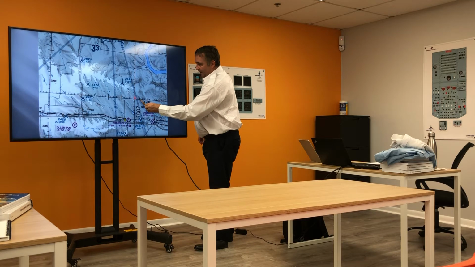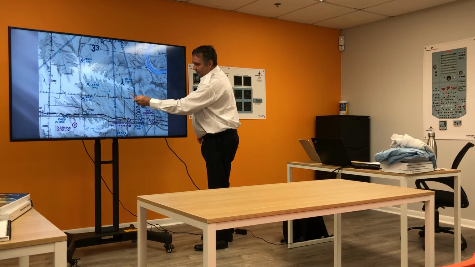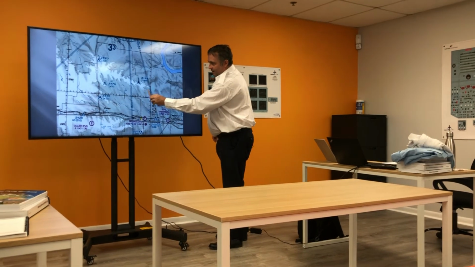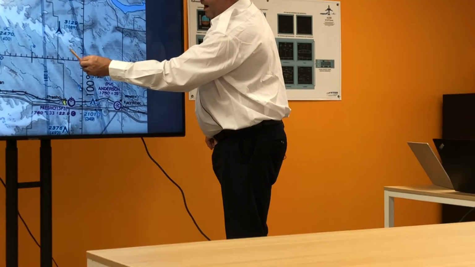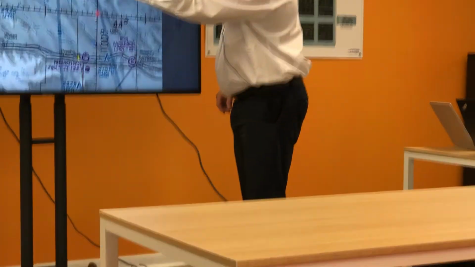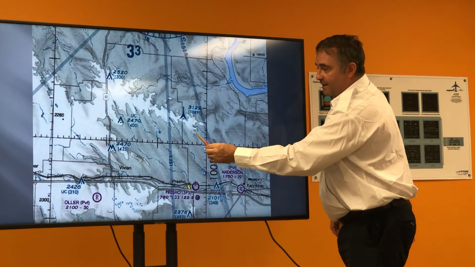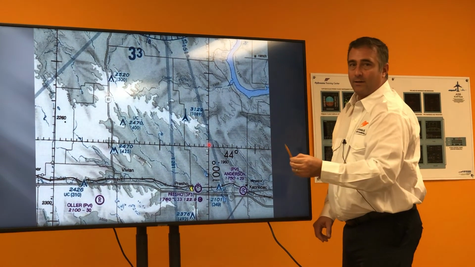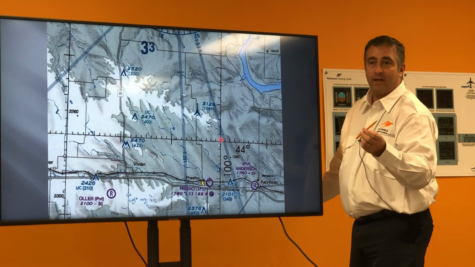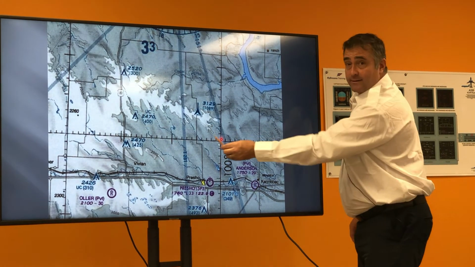So I take my pencil and I put it here. And now I can see this is about a 315. Just using that pencil and these lines, I could rapidly identify approximated headings at a glance.